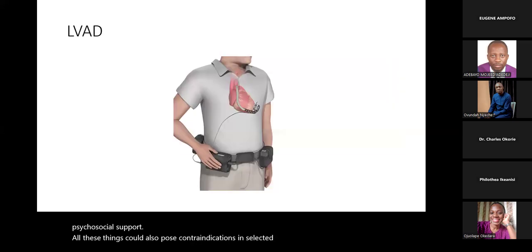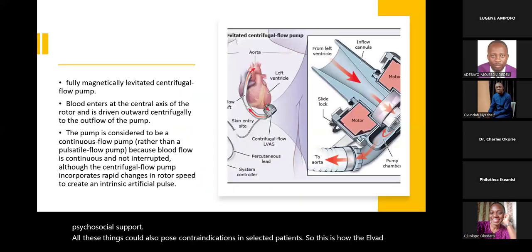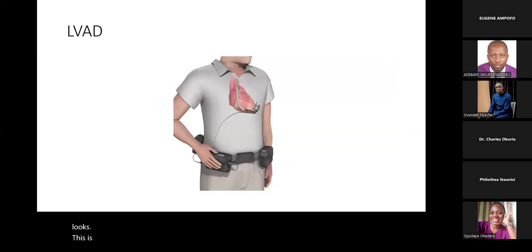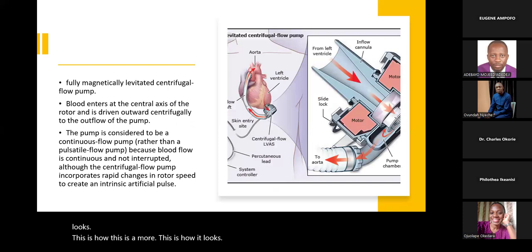So this is how the LVAD looks. This is how it looks when placed. This is a more detailed picture of the third generation HeartMate 3 LVAD. This is the LV.